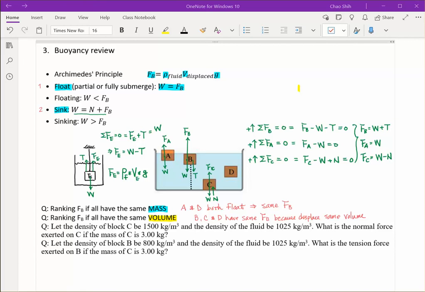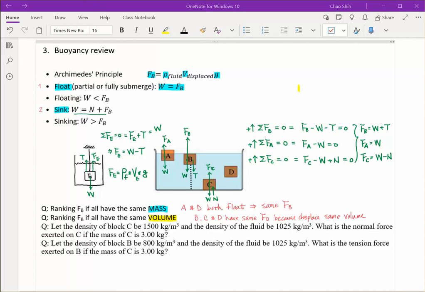Okay, let's look at the bottom two questions and see if you can apply those ideas with the equation of motion, which is simply looking at the summation of the forces, and see if you can solve this problem. The first problem is looking at block C. So let's look at this question here.